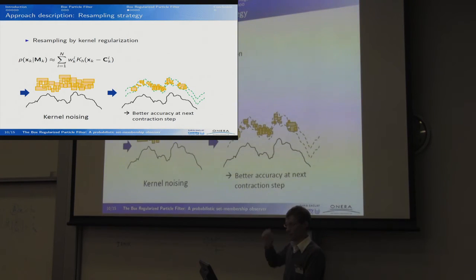And the length of the optimal kernel is obtained by computing the difference between the theoretical density function we can have and the approximation that is here, a sum of Dirac density functions centered on the center of each box. And this is called the MISE, the mean integrated square error. And by minimizing that, you can find an appropriate kernel and length.